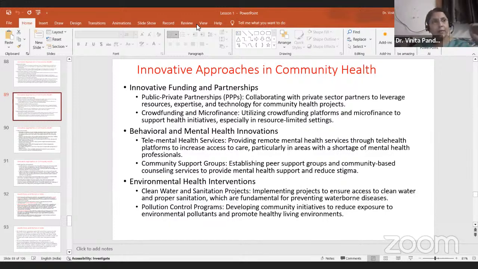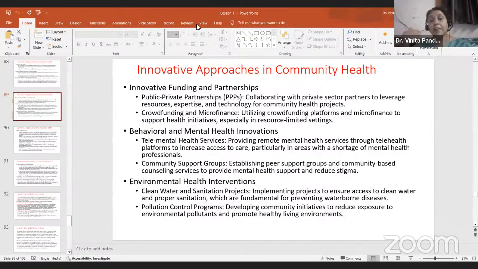As I told you, if a person is depressed or has anxiety, it means he is mad and has to be taken to a mental asylum. A lot of stigma is attached. So when you are initiating such community support groups, you are in a position to reduce that stigma to a great extent.